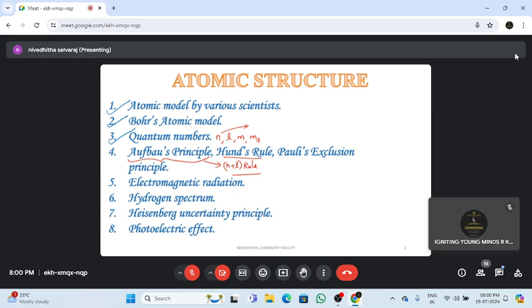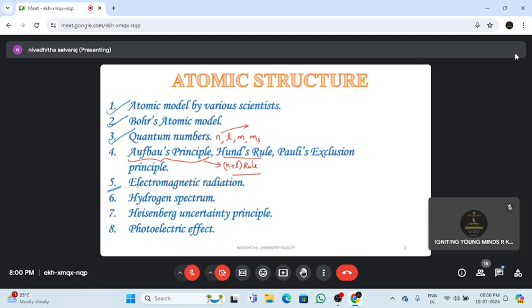Fine. Next is electromagnetic radiation. You would have studied about electromagnetic radiation. You have to know what electromagnetic radiation is, the different types of electromagnetic radiation, and the basic difference between one electromagnetic radiation and another. And you have to know the different wave parameters.